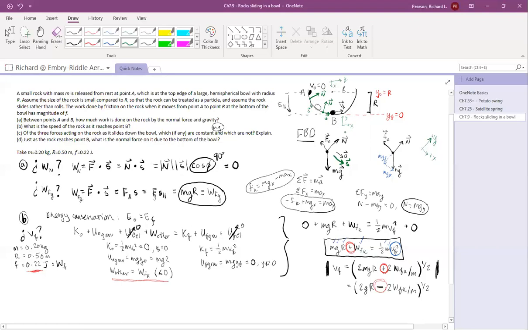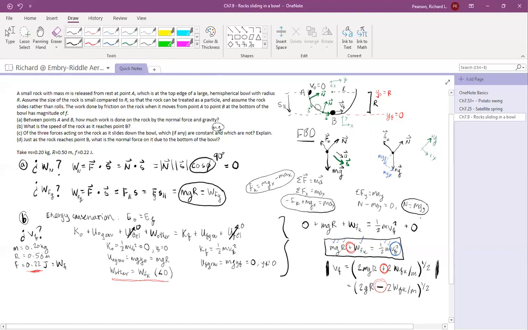And so our components are changing, which means that we can also then look over here at the N, and that means that our component of gravity in the y direction is also changing. It starts out very small, and then it gets bigger and bigger.